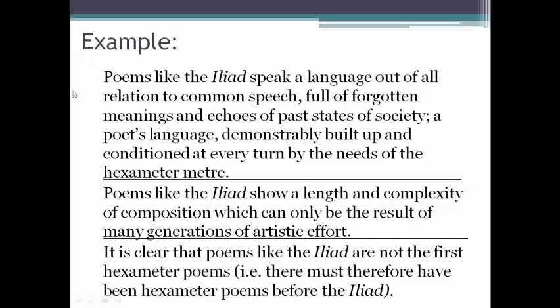Based on this premise, it's concluded that poems like the Iliad show a length and complexity of composition which can only be the result of many generations of artistic effort. And from this, it's further concluded that it is clear that poems like the Iliad are not the first hexameter poems. There must therefore have been hexameter poems before the Iliad. And so we've got our two different ways of stating the conclusion right next to each other as one conclusion.